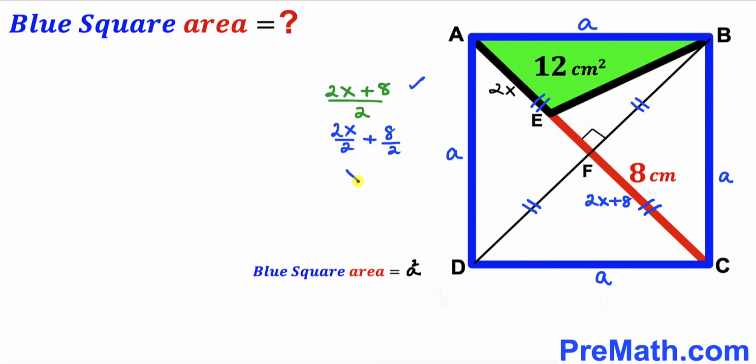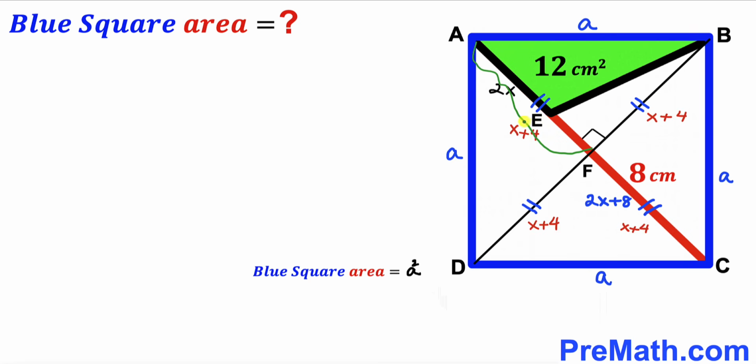That gives us x plus 4. So this segment AF length is x plus 4. Likewise, segment FC is x plus 4 as well, segment DF is x plus 4, and finally segment BF is x plus 4 as well.